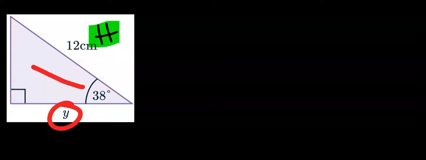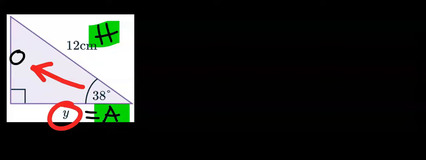Next, the side facing the angle is the opposite. Here, we don't have a given opposite. That length will not be our concern. Having identified the hypotenuse and the opposite, any remaining side becomes the adjacent.